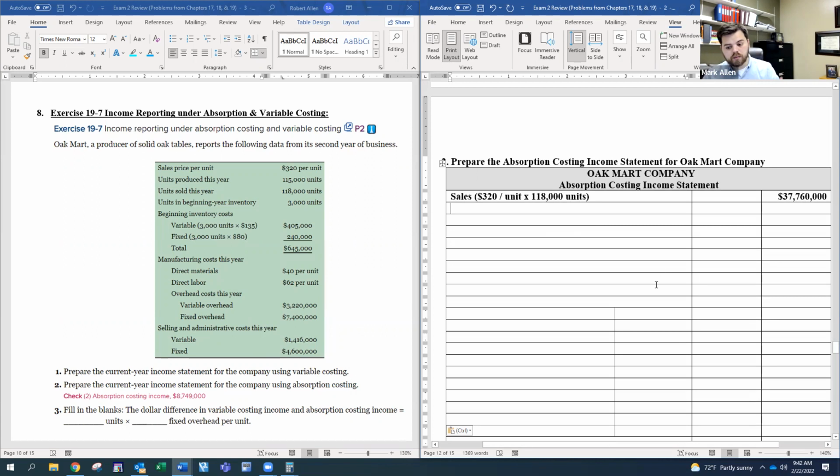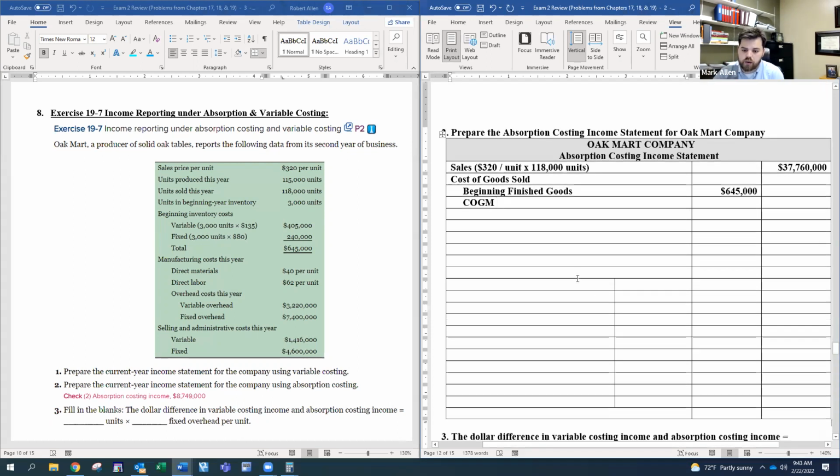But remember, on the absorption costing income statement, I'm starting here with cost of goods sold. So we're going to need a few things. We're going to need our beginning finished goods inventory. Our beginning finished goods, well, that's given to us here as this $645,000. So we'll go ahead and pull that in. Next, we'll need to add to that our cost of goods manufactured.